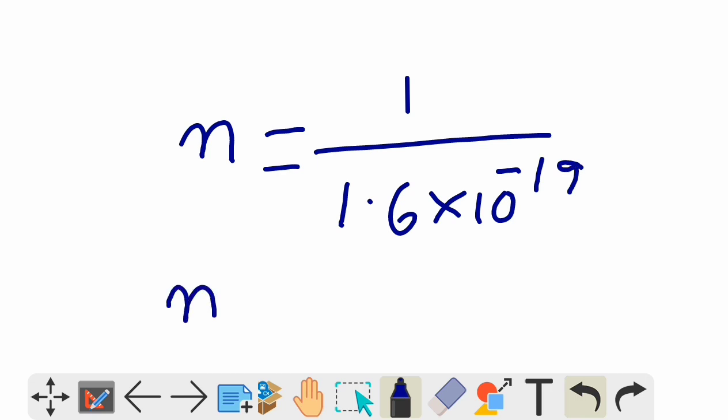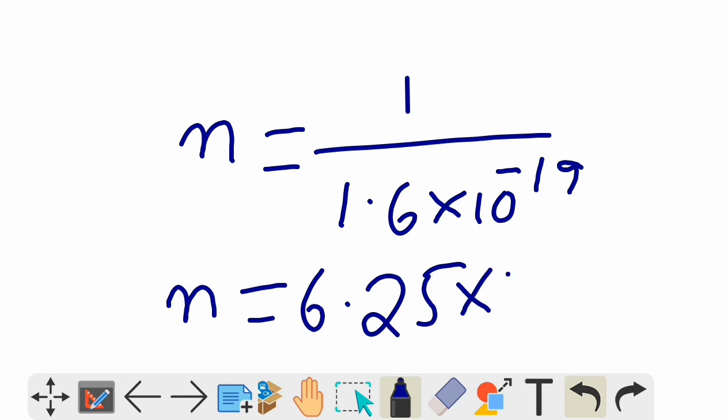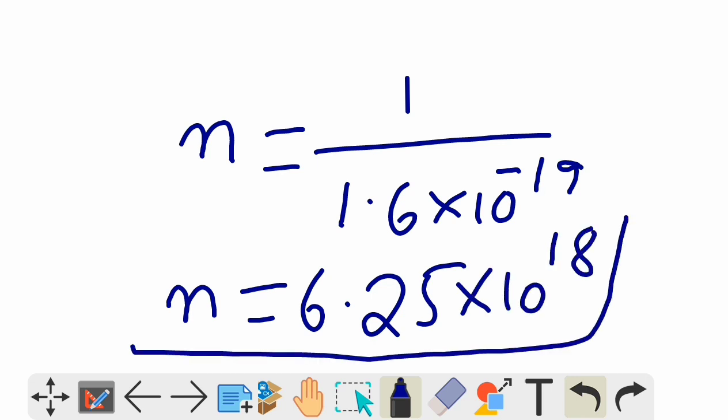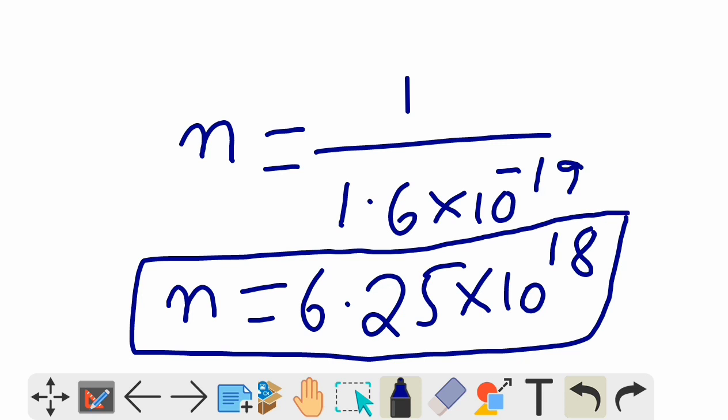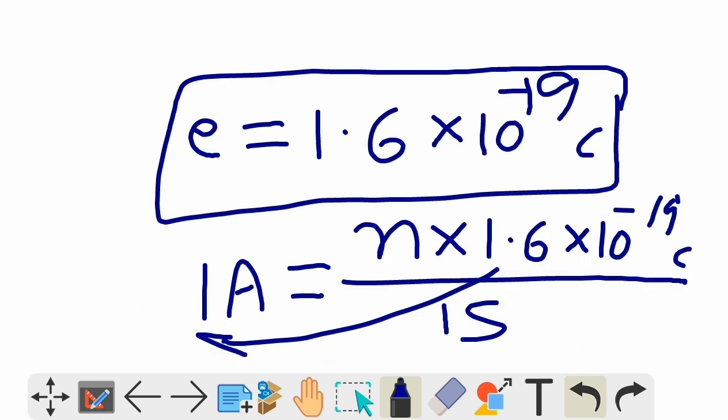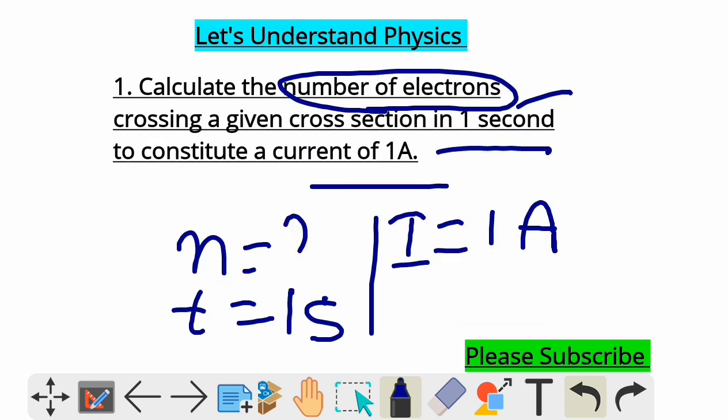If you simplify, you will get the n value 6.25 into 10 to the power of 18. So it is a number. It represents the number of electrons present in 1 ampere of current when it is flowing for 1 second. Understood? So these are the number of electrons present in this scenario.